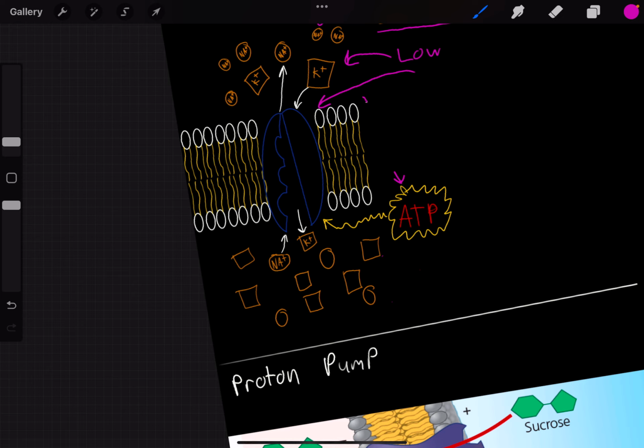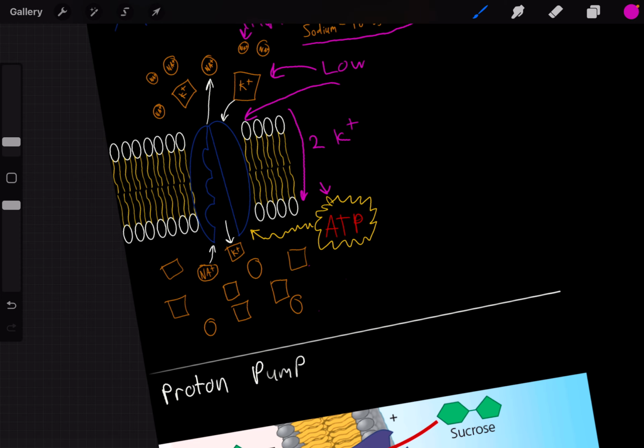So we're putting in 2 K+, from a low concentration to a high concentration, if you remember, using active transport. And it's going to be taking 3 sodium from this side and moving it to this side. Again, from low concentration to high concentration.